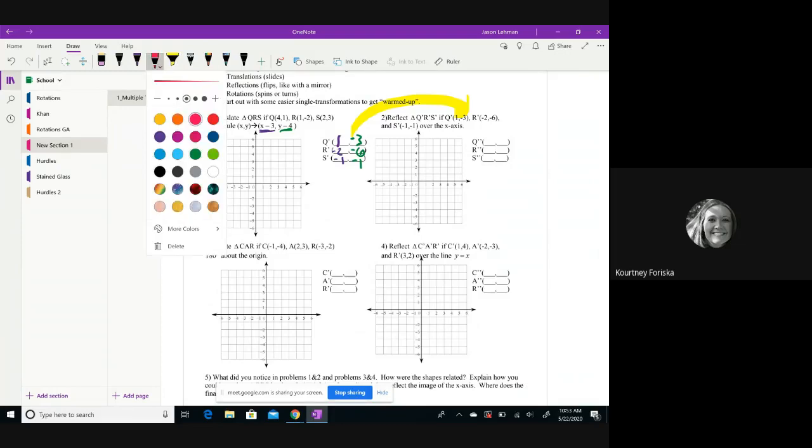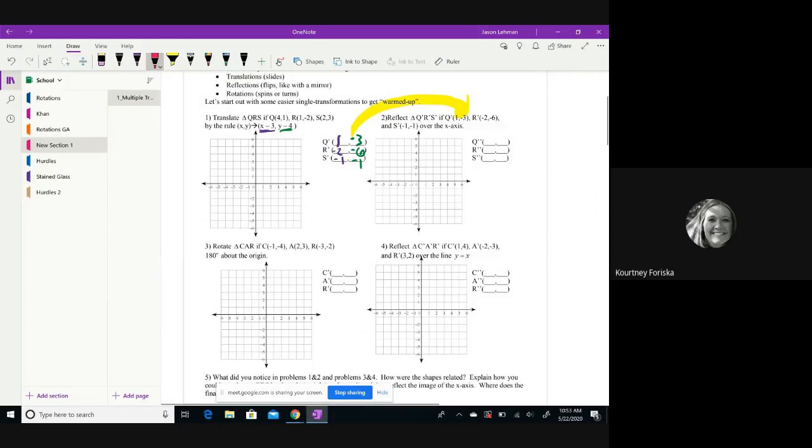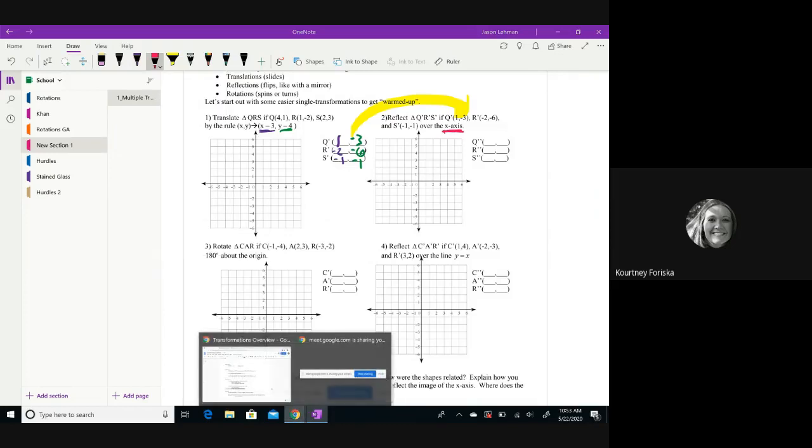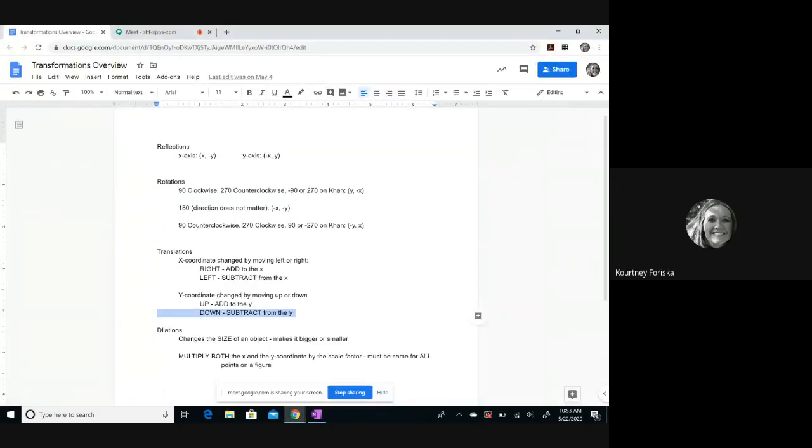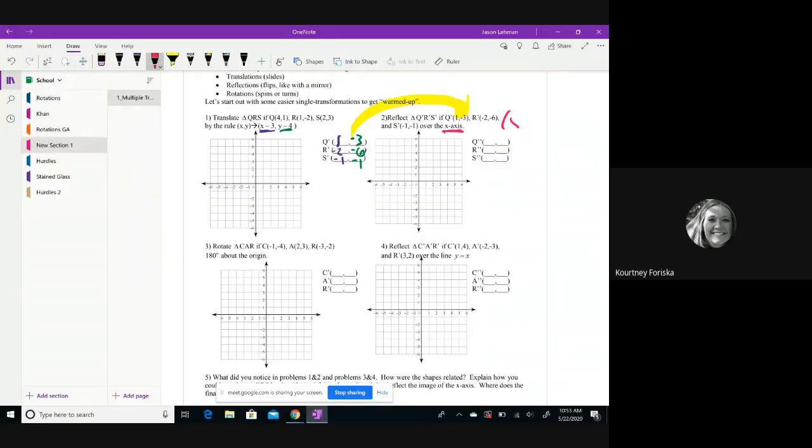So in that, it now wants us to take this same triangle, and now it wants us to reflect it over the x-axis. So again, if you're not sure what the rule is for an x-axis reflection, go back to that sheet. For an x-axis reflection, keep x the same, and then you're going to take the opposite of the y value. So x, opposite of y. So I'm using these ordered pairs here, which they did right there again for us, which shows we did get them correct.